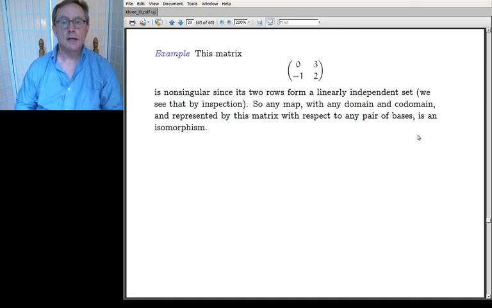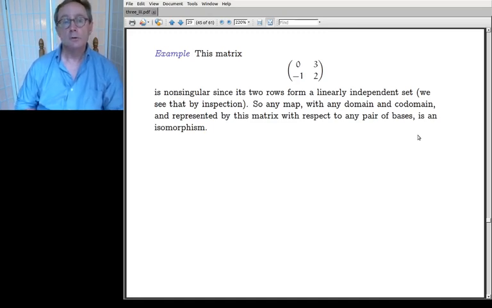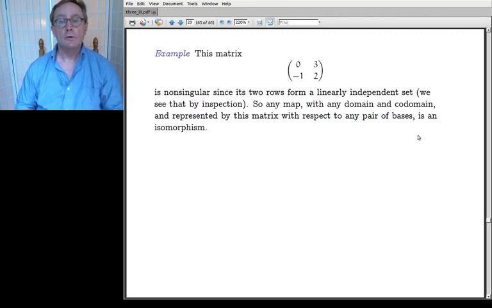So it represents an isomorphism. With respect to what? With respect to anything. If you fix any domain that you like, it's got to be two-dimensional, or how about the linear polynomials? And any codomain that you like, it's got to be two-dimensional, so how about the two-wide row vectors? You fix any basis for the domain and any basis for the codomain. This matrix represents an isomorphism.